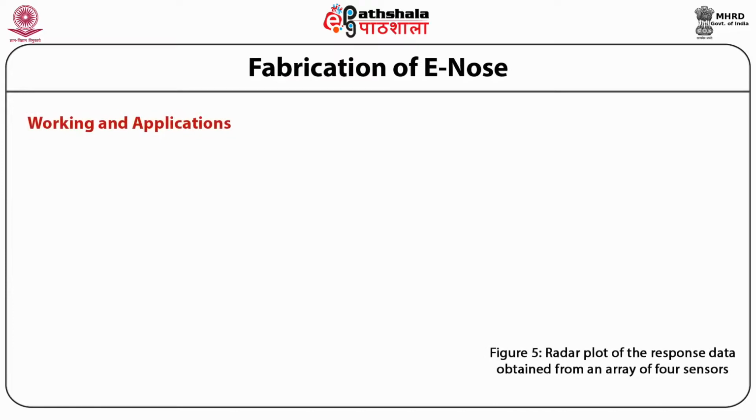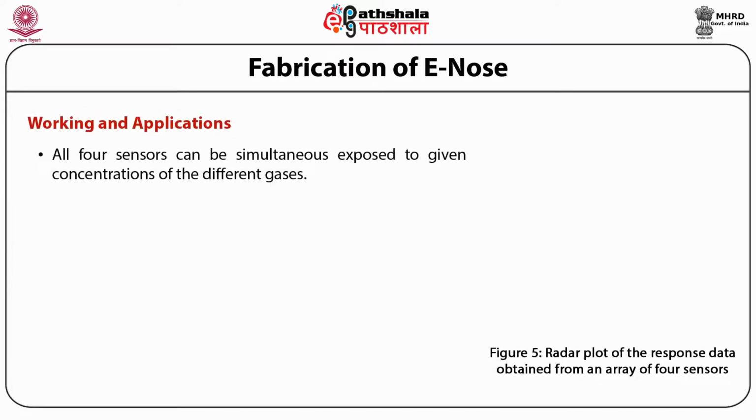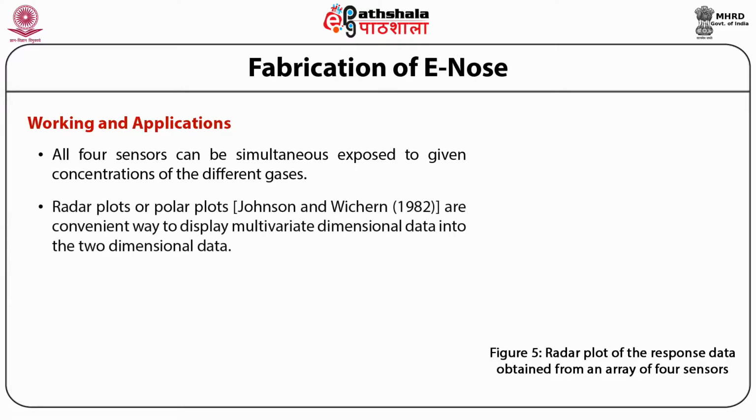Working and applications. All 4 sensors can be simultaneously exposed to given concentrations of the different gases. The response of each sensor for a particular gas can be plotted on a single graph, giving some pattern as shown in this figure. Radar plots or polar plots are a convenient way to display multivariate data in a 2-dimensional form.